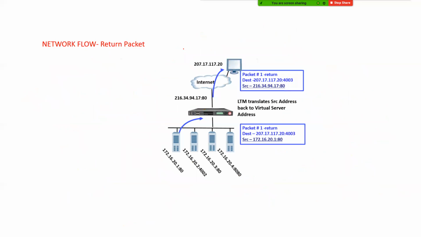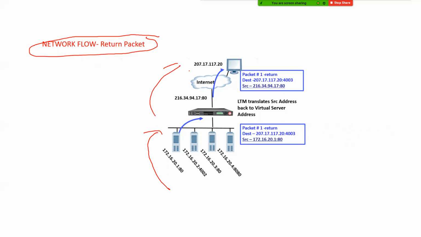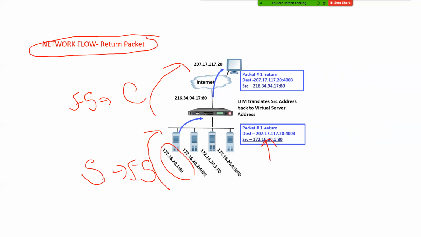Now we will talk about the network flow of the return packet. When the server responds, how will traffic go? The return packet will go from your server to your F5, and then from F5 to the client. So in this case, what would be your source? The source would be 172.16.20.1.